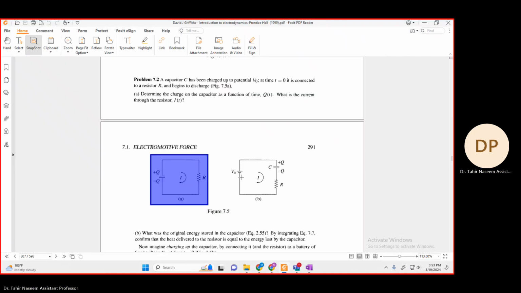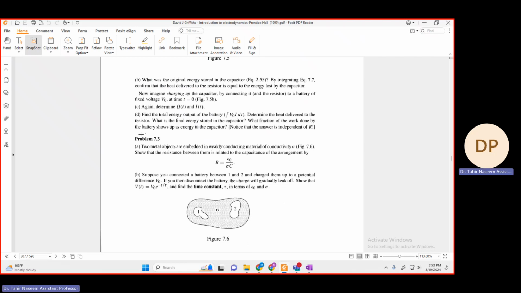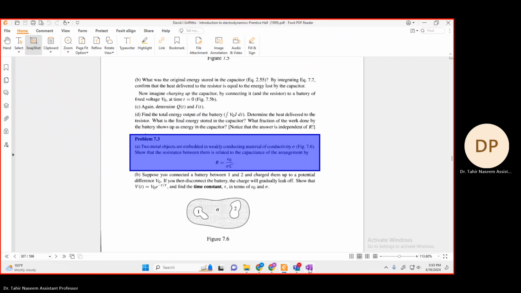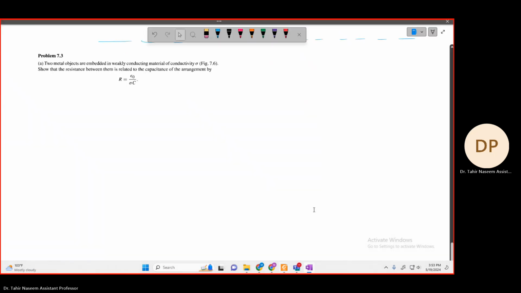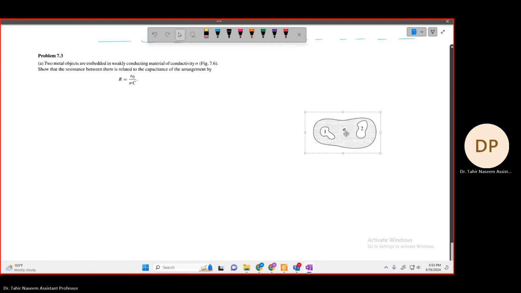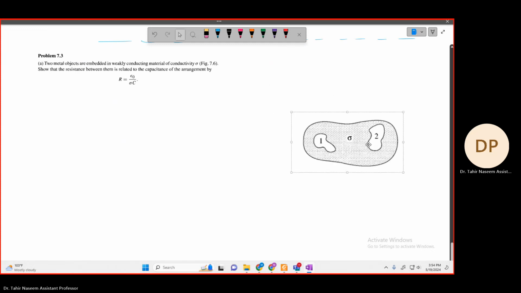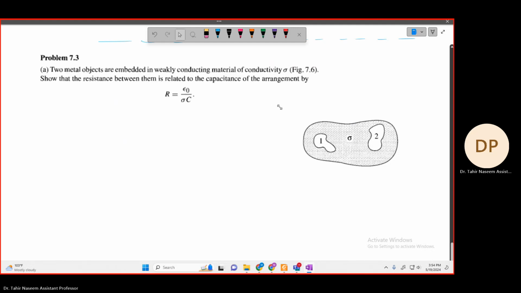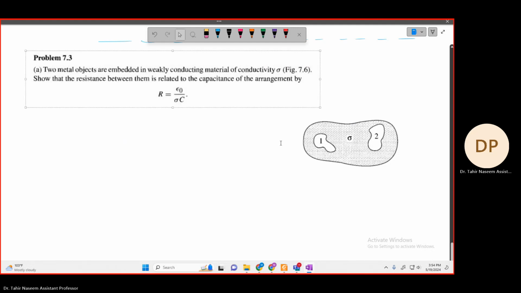Let's see. First we take a look at this. Let me copy the figure too. Pause the video and try to solve this by yourself.